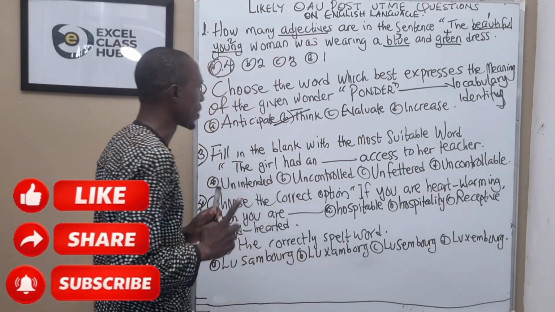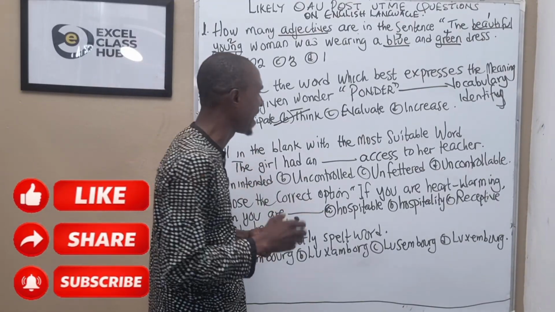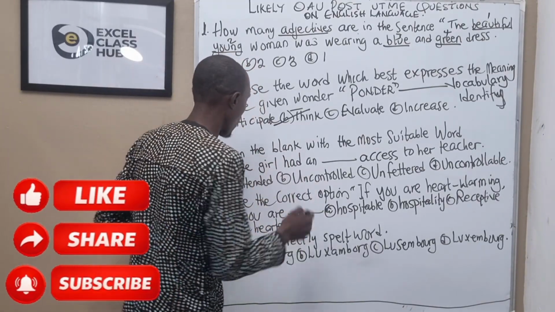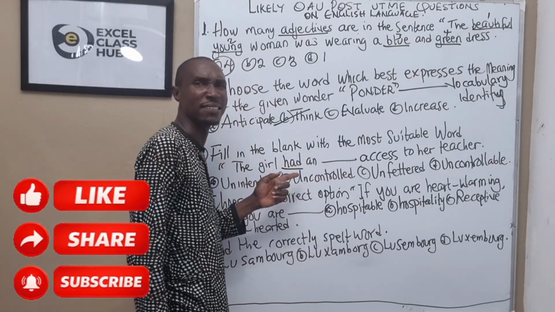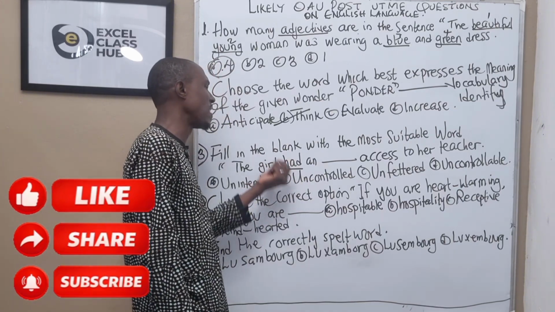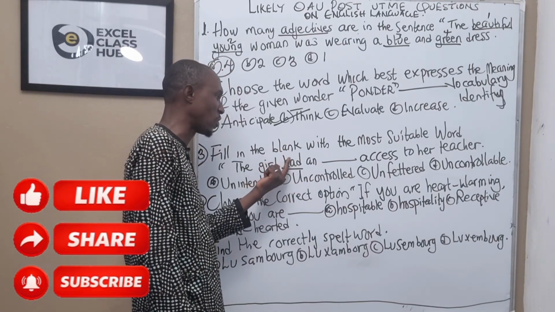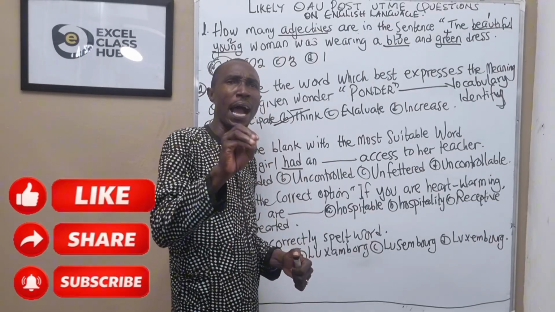Now, before you can pick your answer, you need to identify the tense that is being used. We have the word had. This is a past participle tense. For the fact that a past participle tense is in the question, automatically you are expected to supply a past tense.